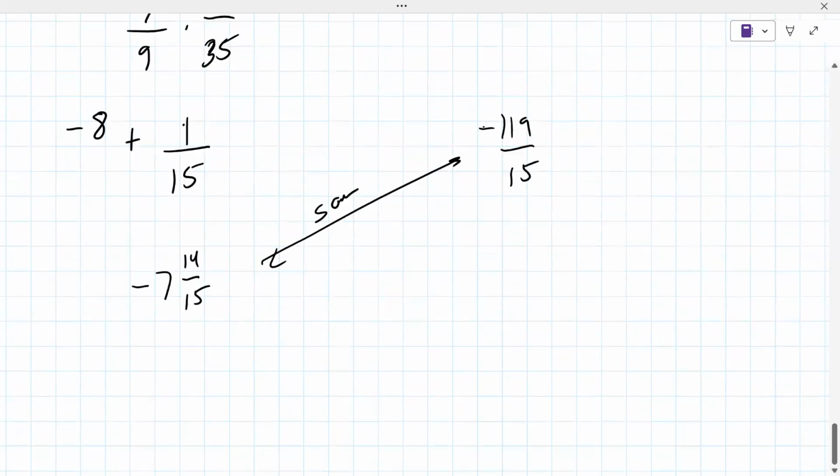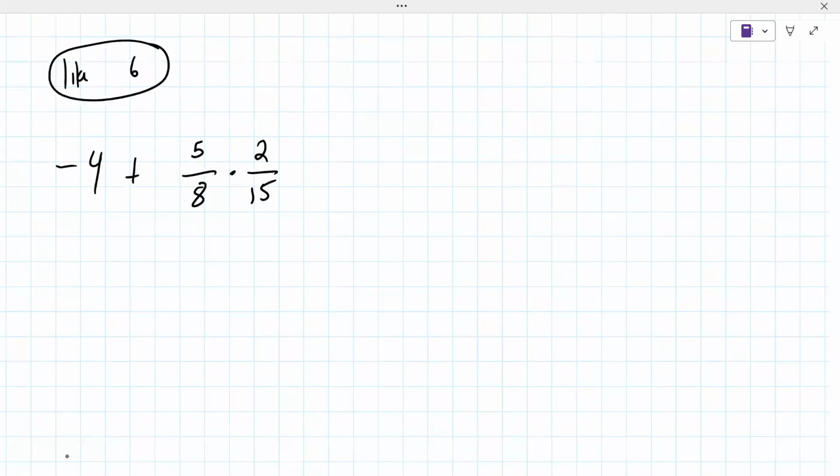All right, so let's try another one here. -4 plus 5/8 times 2/15. Again, I recommend pre-reducing if you can. So 2/8 becomes 1/4, 5/15 becomes 1/3. 4 times 3 is 12, so 1/12.